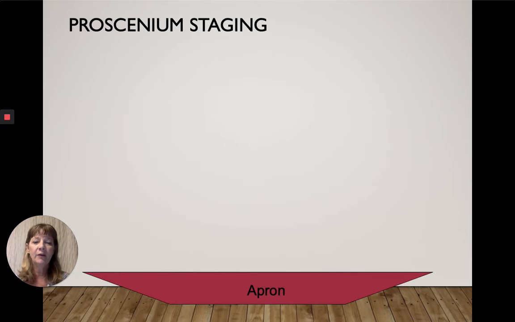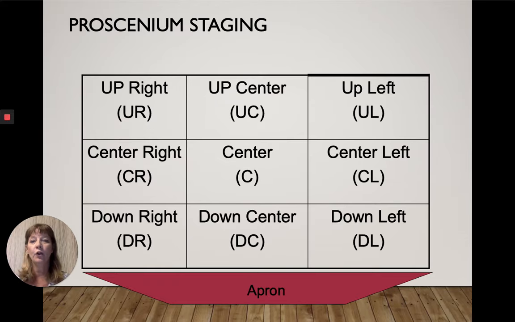Here's the proscenium and thrust stages diagram. If you're looking at this, notice that the right and left are opposite to where you're sitting because you have to take into consideration this is from the actor's point of view. There are 9 areas. You have up right, up center, up left, center right, center stage, center left, down right, down center, and down left, and then of course your apron.